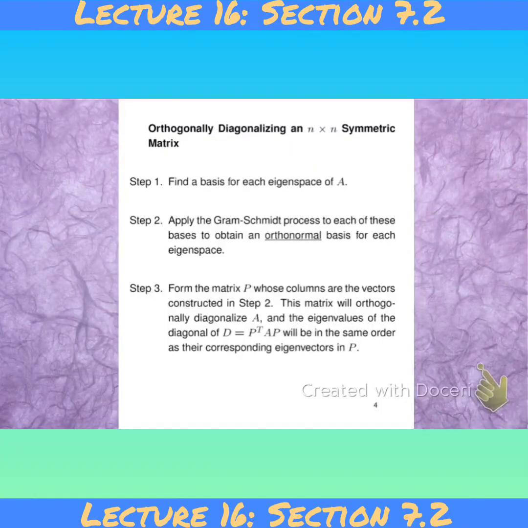Right, so this is just a procedure for orthogonally diagonalizing a symmetric matrix. So what you do is you first work out the eigenvalues, and then you find a basis for each eigenspace of A, just like we did in chapter 5. Then remember those equivalence conditions.